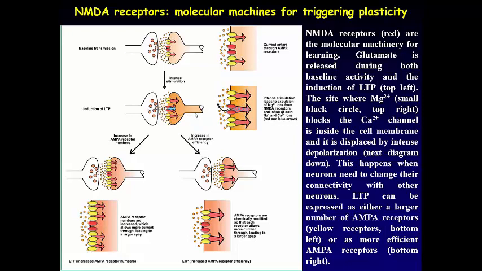The consequence of this is that calcium ions result in several changes, which include increasing efficacy of AMPA receptors, as well as increasing their numbers, because calcium ions, through several steps, overall increase the number of AMPA-containing vesicles moving to the cell surface and putting these receptors at the cell surface. So here we see that the number of AMPA receptors is now increased, which will make this synapse stronger or much more efficient.